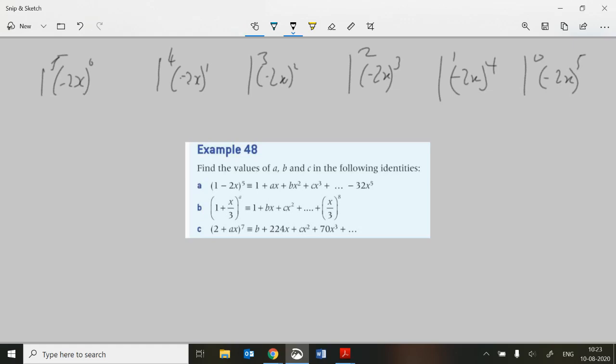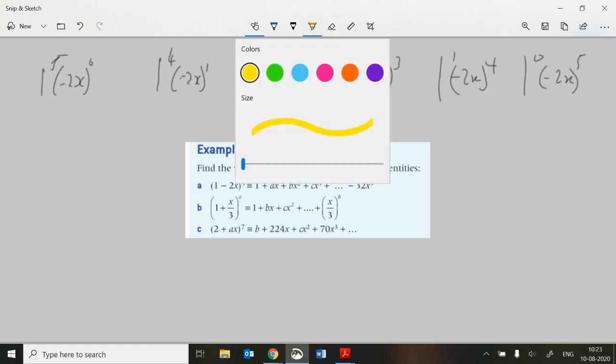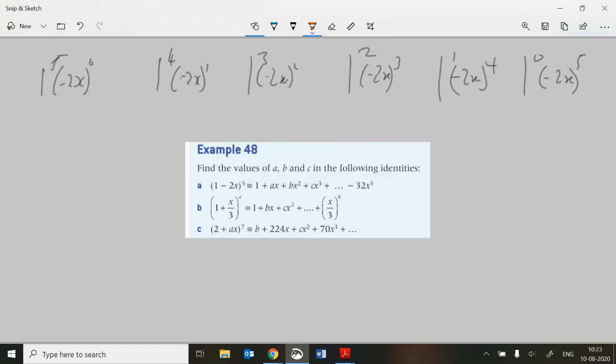And so I'm going to put in front of these, tell you what, let's put the coefficients in with a different color. So the coefficients are 1 and 5. So there's a little times there. 10, 10, 5, and 1 at the end.